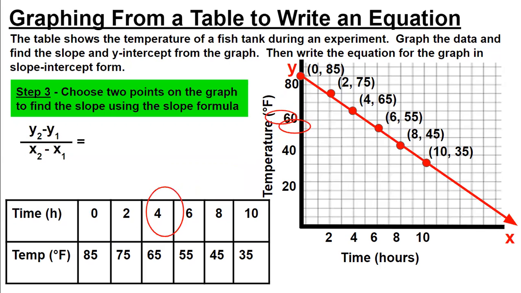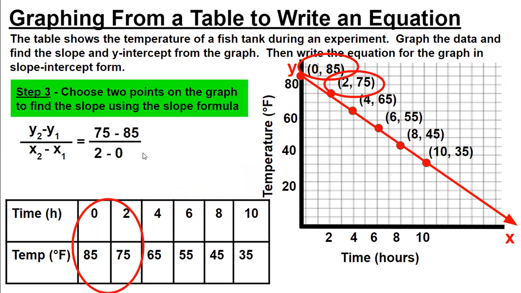So let's plug in (0, 85) and (2, 75). And you can look on the graph to get those, or you can look on the table to get those. So y is on top. So we're going to do 75 minus 85. Notice how I took y2 as my 75 point, because remember we said that this graph is going to be going downhill, and it is.